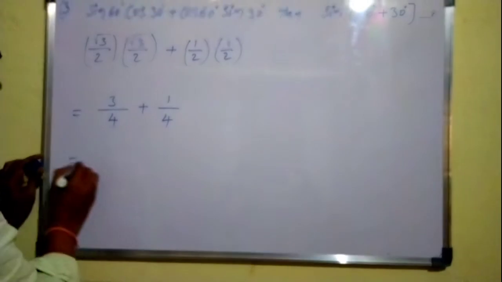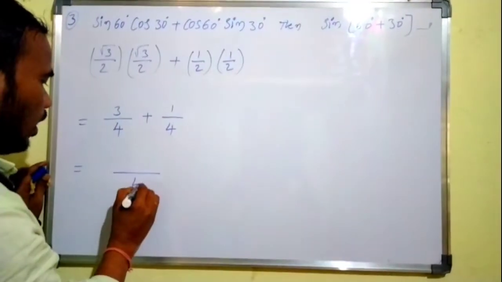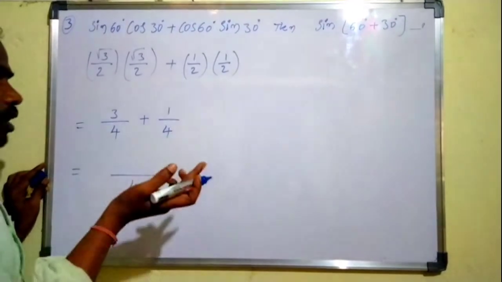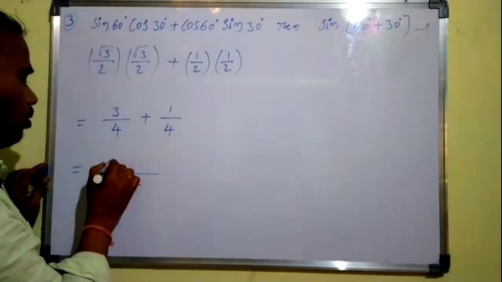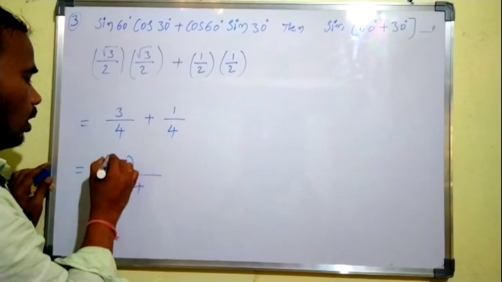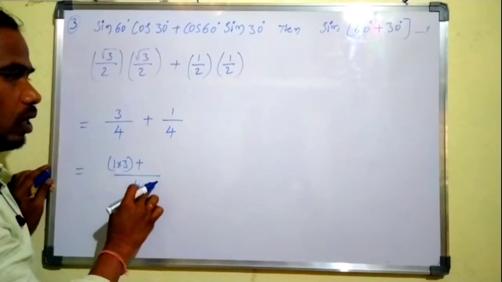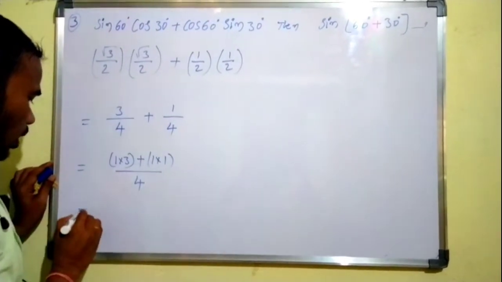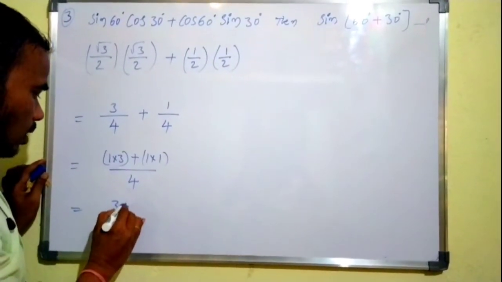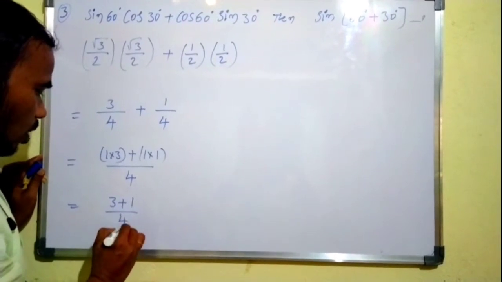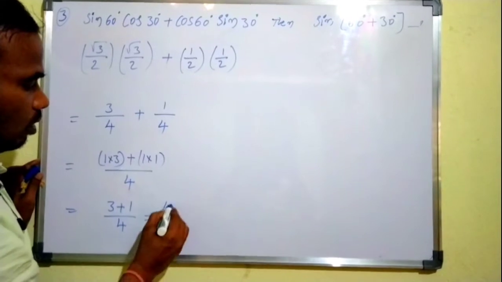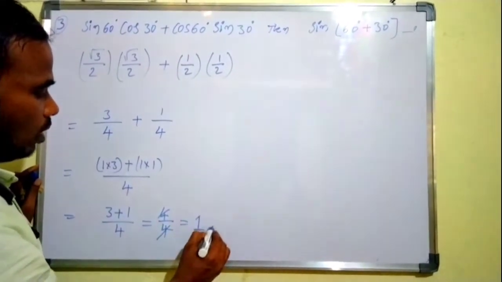Now here the LCM is 4. 4 divided by 4, 1. 1 into 3 plus 4 by 4, 1 into 1, 1. So next step you can write 3 plus 1 by 4, which is 4 by 4, which is 1. So this is the LHS value.